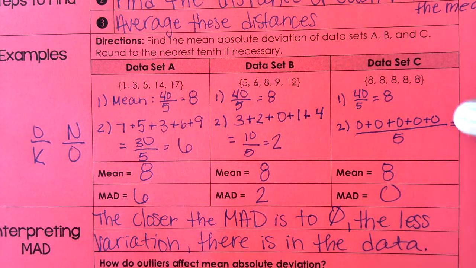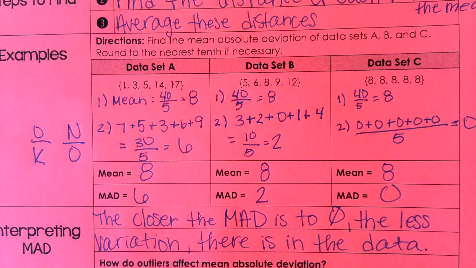Do you see how our MAD was 0 here and every single number was 8? That's because all of the points in our data were the exact same. If you look at set B, there isn't a really big range there. I take 12 minus 5, and I have 7 numbers that are in between there.